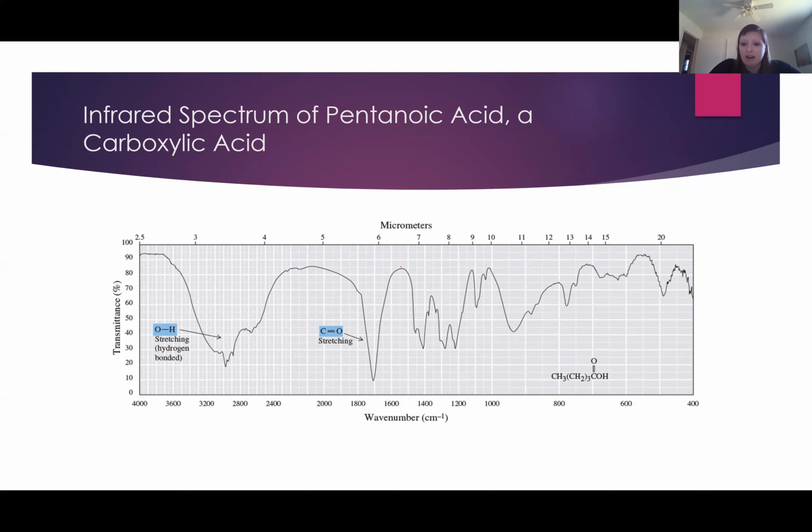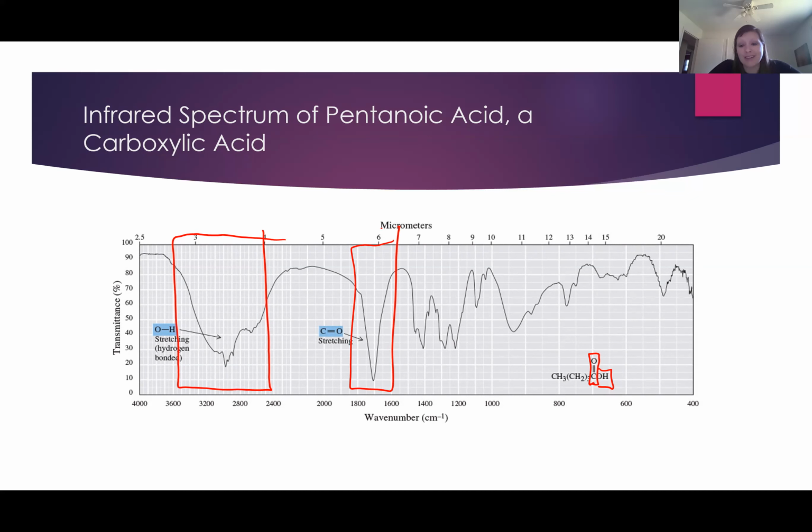Carboxylic acids have both a C double bond O and an OH. And as you can see, the OH and the CH2, CH3 peaks get really messed up in carboxylic acids. Now, this is considered a broad peak, but it is distinct from an alcohol, mostly because you also have the C double bond O, noting that this has to be a carboxylic acid.